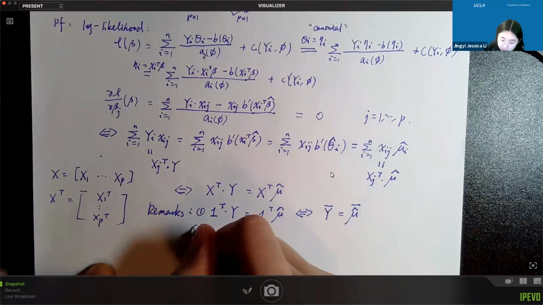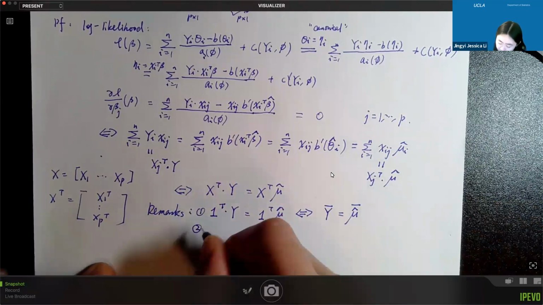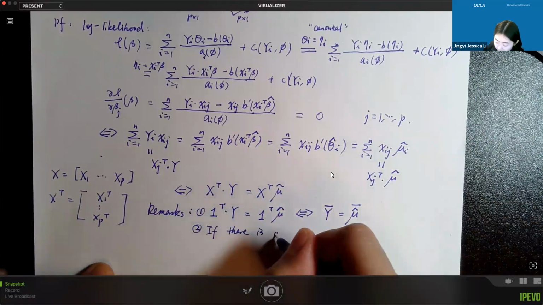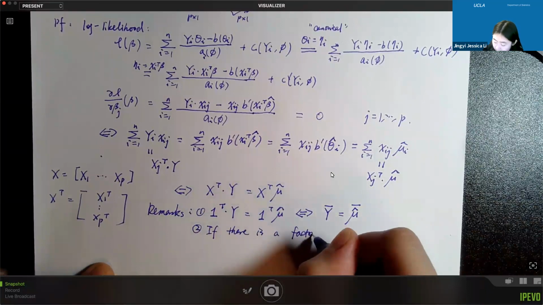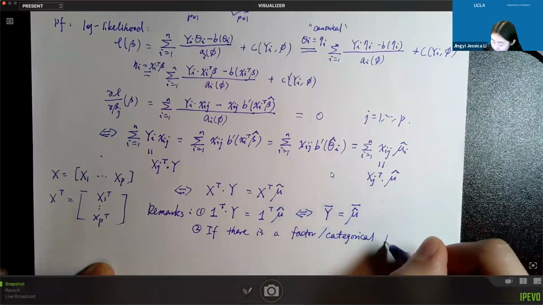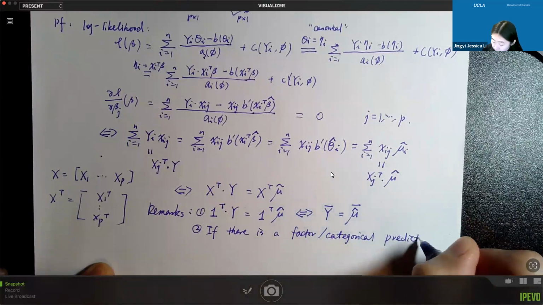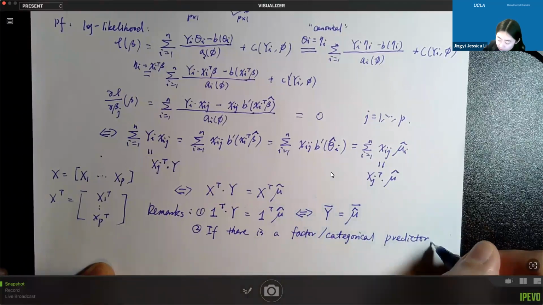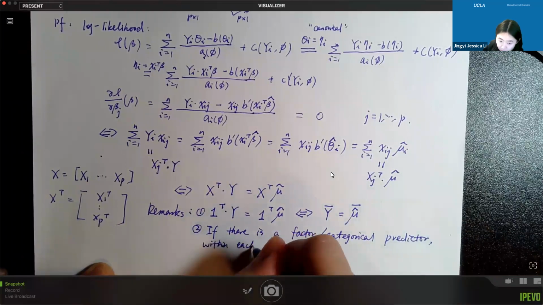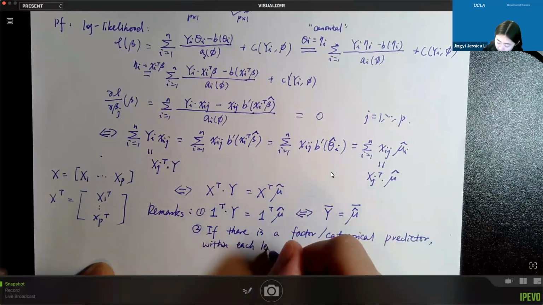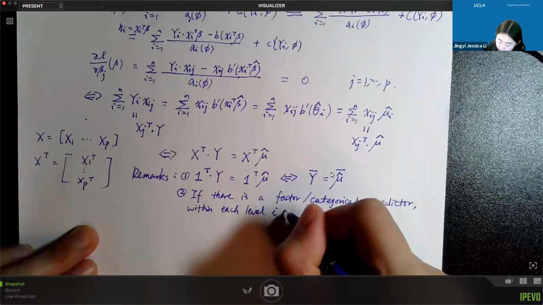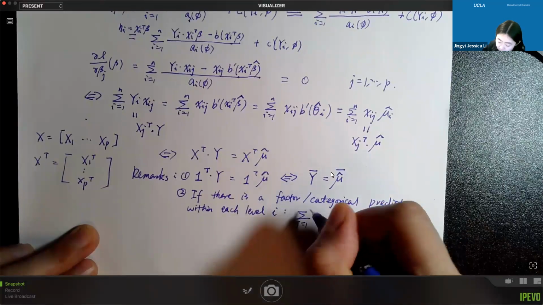And then the second thing is that if there is a factor, or we can say a categorical predictor, then within each level i we would have this: the summation over j from 1 to n_i.